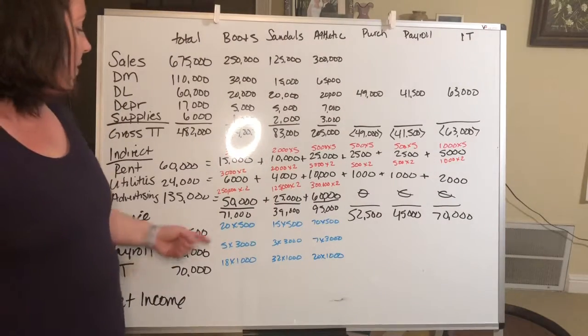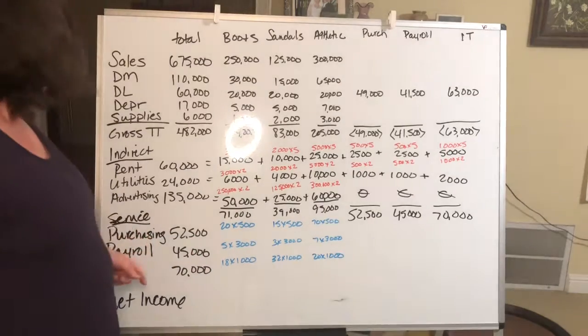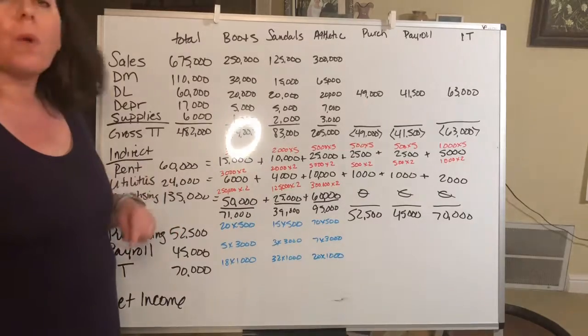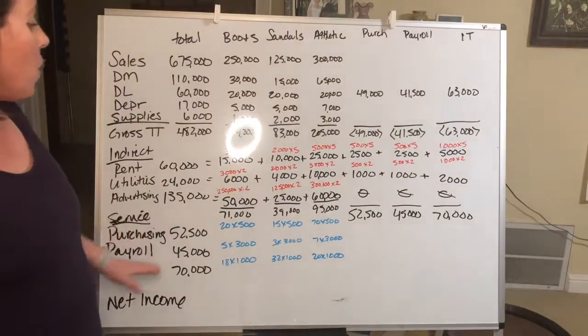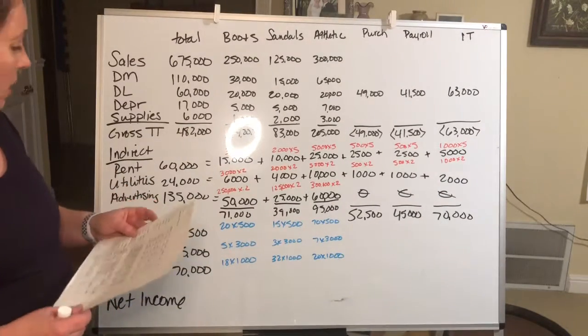Payroll was allocated at a cost of $3,000 per employee, and IT is allocated at a rate of $1,000 per service request.